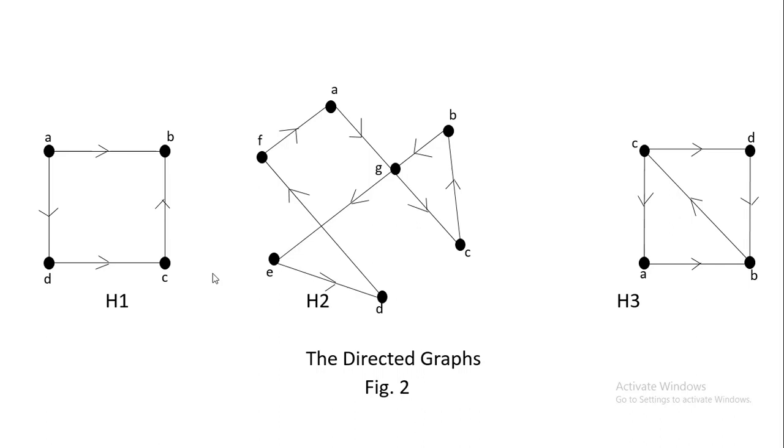Similarly for the H3 graph, see here, from C to D, then D to B, then B to C, then C to A, then A to B. To end at the vertex C, because we start from the vertex C, we have to visit the edge BC again, meaning twice. So repetition of edges is done here. So the condition is violated. So we can say that H3 does not have any Euler circuit.